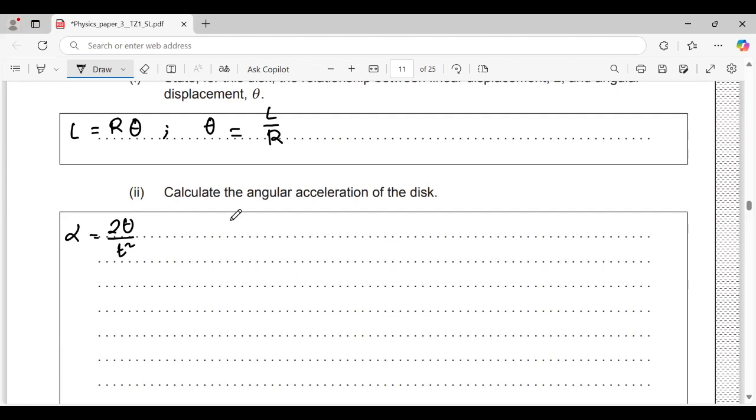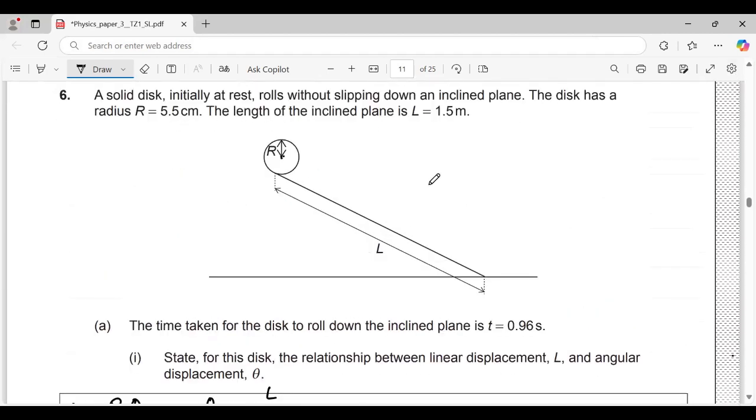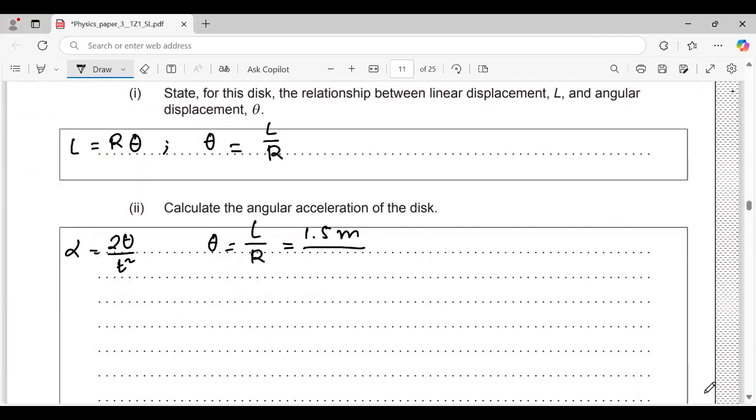So we need to find theta first, and theta equals L over R. L is 1.5 meters, while R is 5.5 centimeters, so we have to convert centimeters to meters: divided by 100, 0.055 meters. If we calculate this division, it equals 27.27. The unit is radian, the unit of angular displacement.